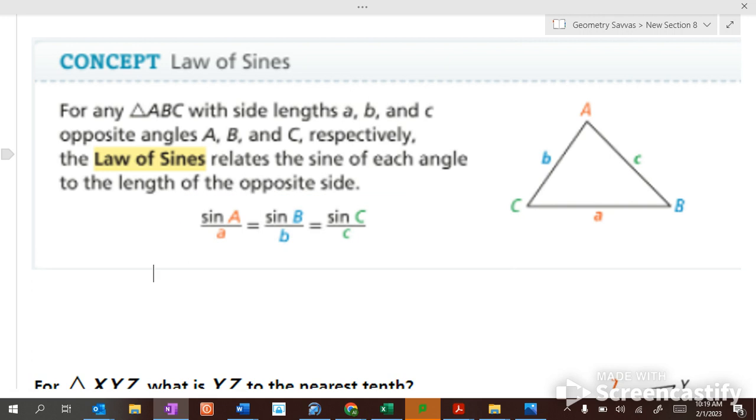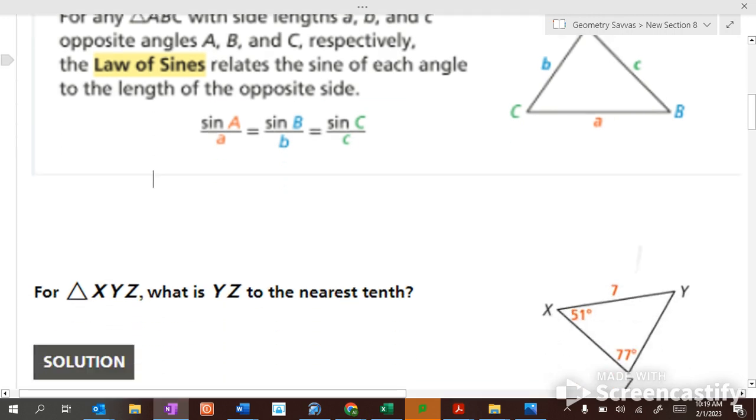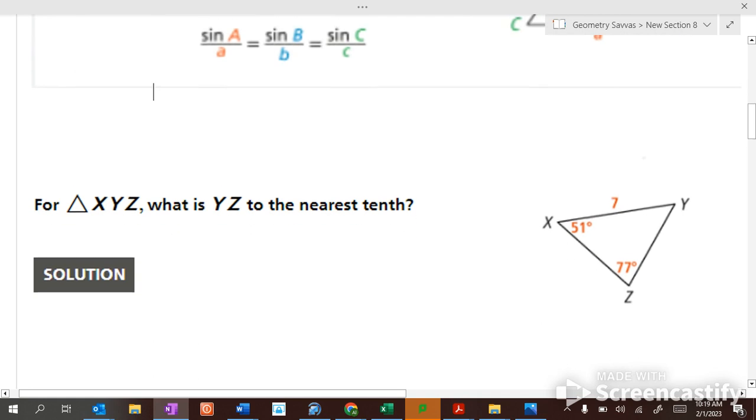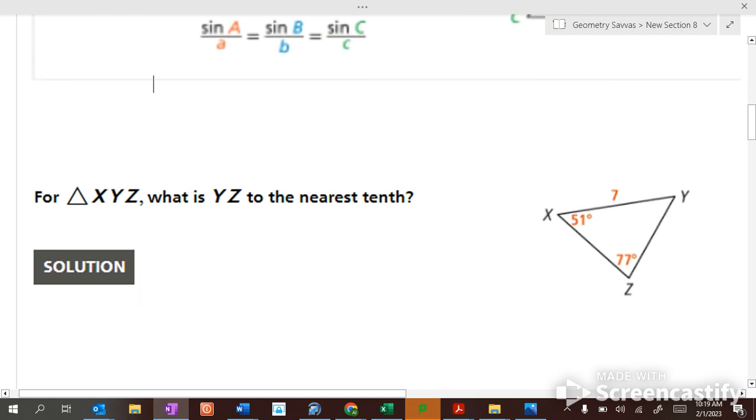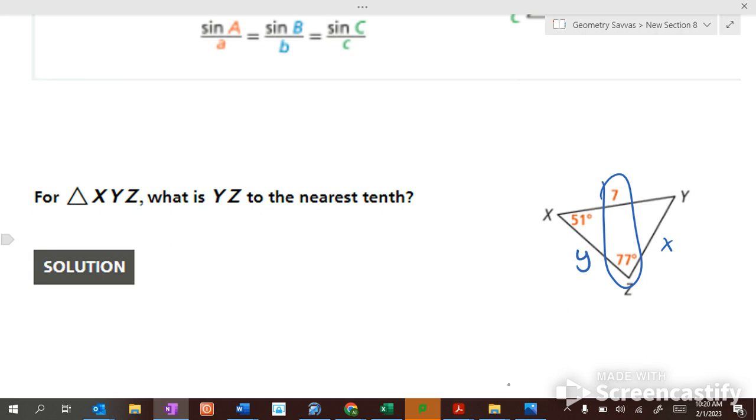Okay? So, the law of sines. On this one, I know this. These are opposites. I want to know YZ. Let's call this X then, because side X is opposite of angle X. Side Y would be opposite angle Y. So if they want YZ, that's side X. That's a little confusing, but try to get that down.